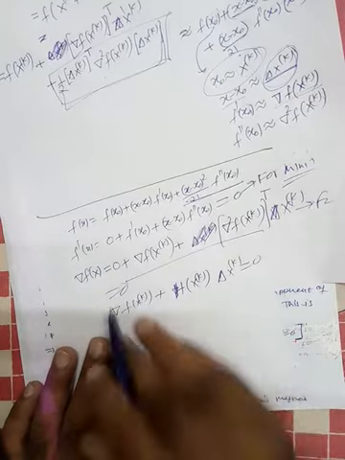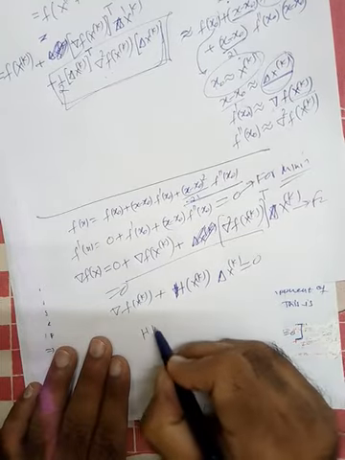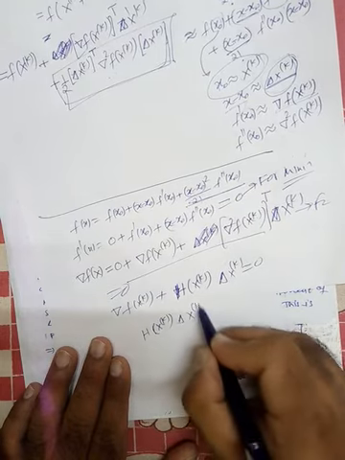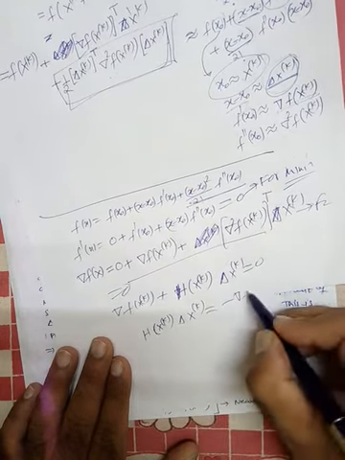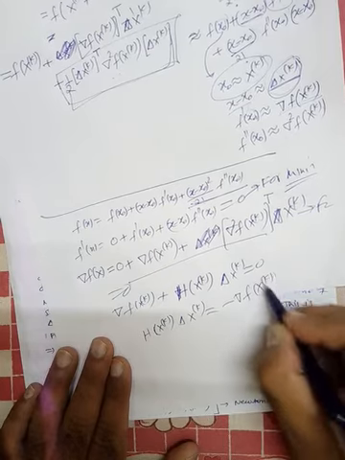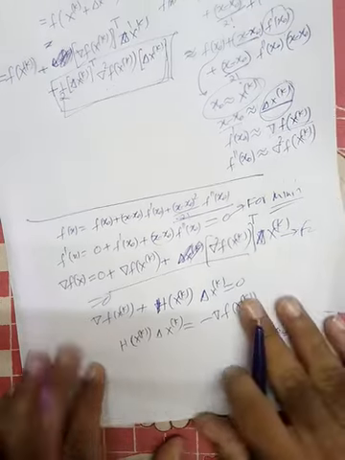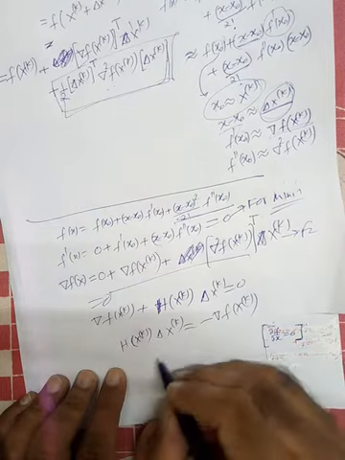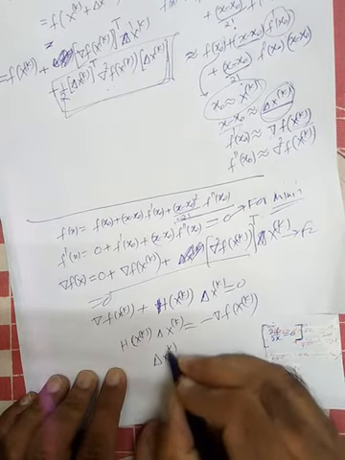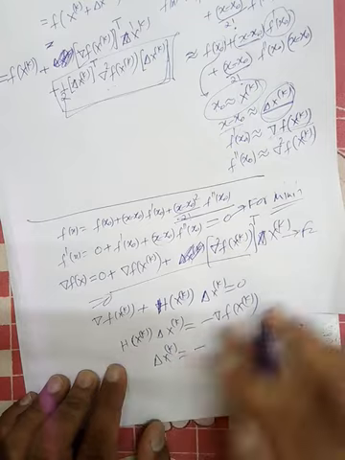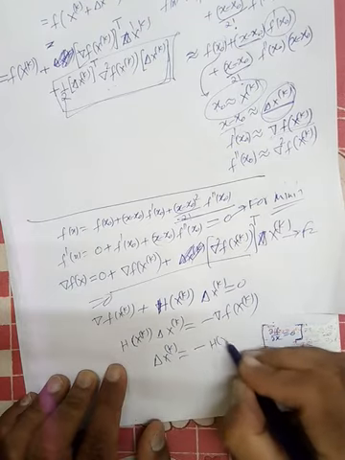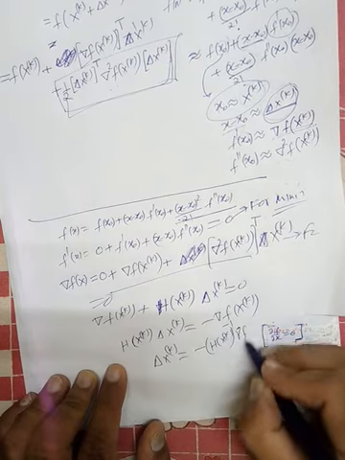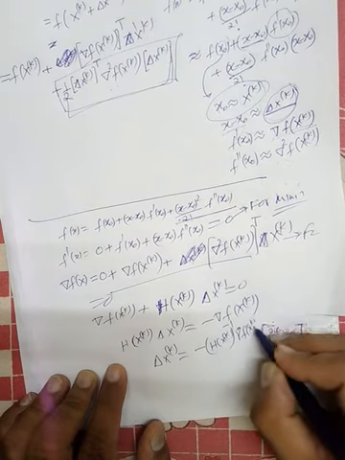Now take this quantity to the right hand side: h xk delta xk is equal to minus delta f of xk. Now this is a matrix, so just multiply by the inverse. We get delta xk is equal to minus h xk inverse delta f xk.